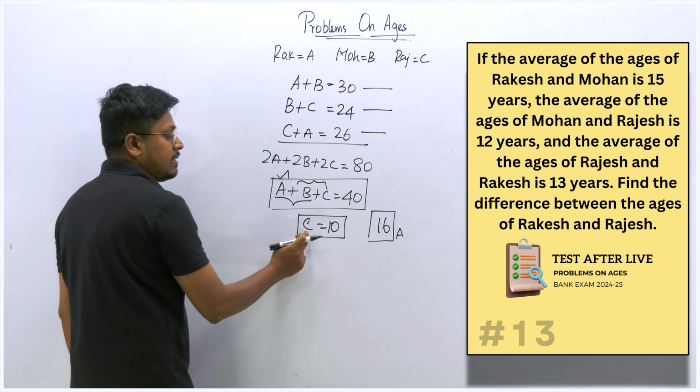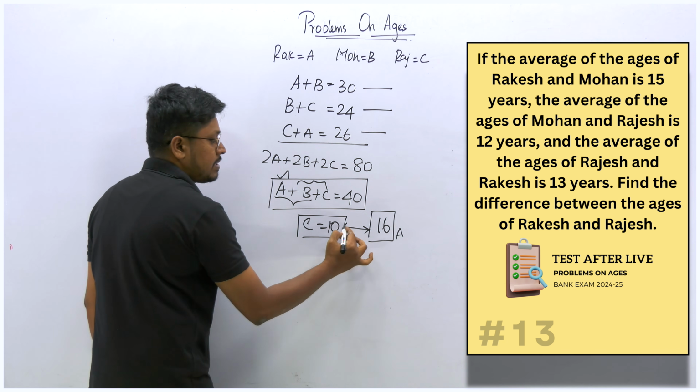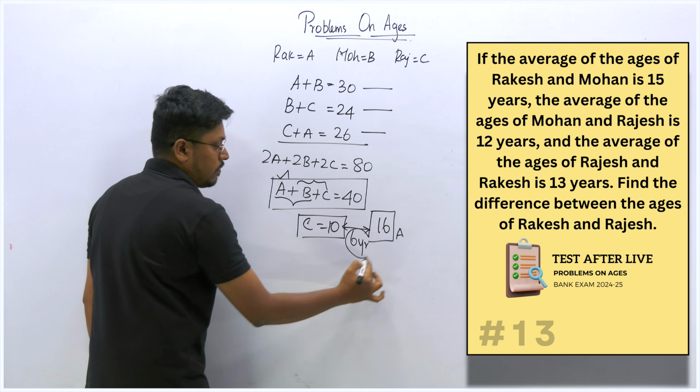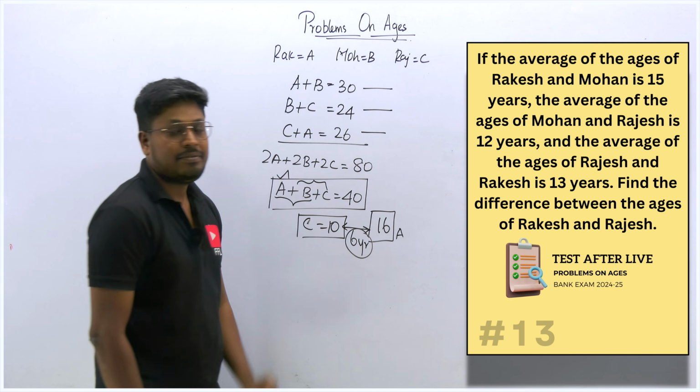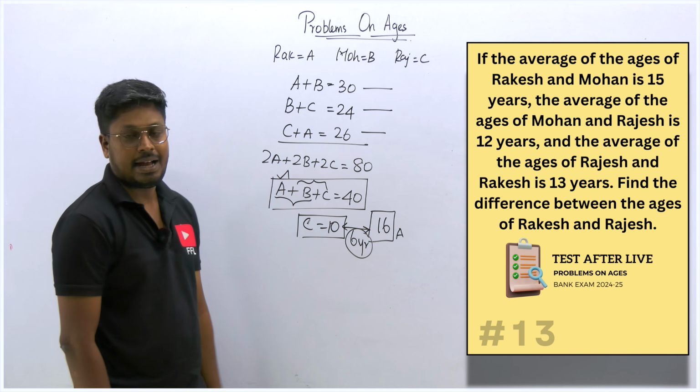So A is 16, C is 10. The difference is 6 years. So the difference between the ages of Rakesh and Rajesh is 6 years. This is the answer to the question.